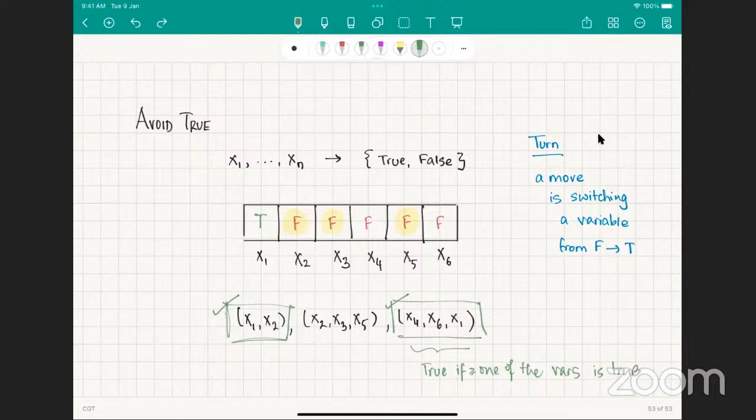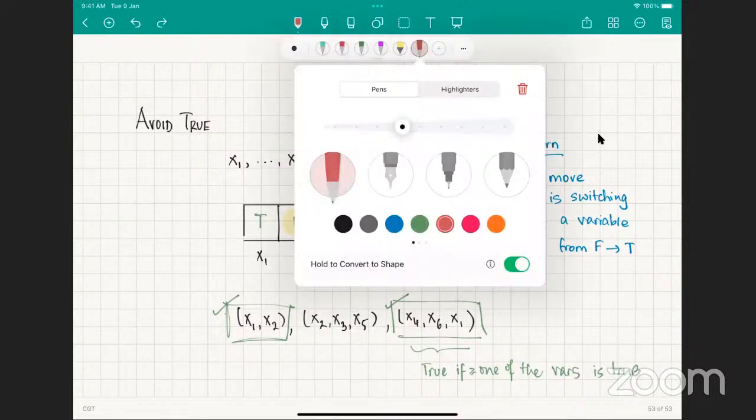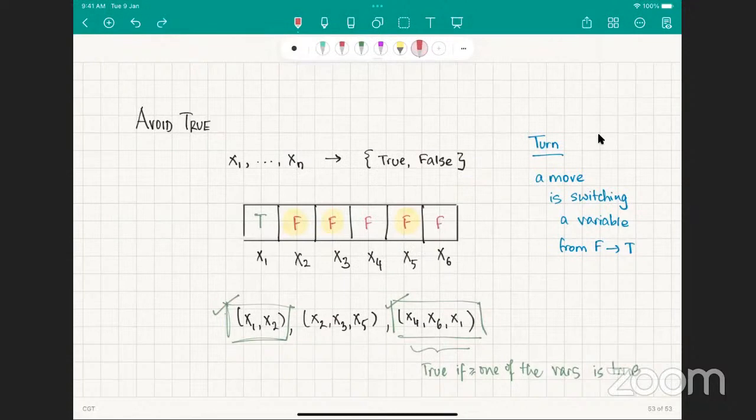So in some sense, I think that's how we've been normally playing, but I just realized that we also have this rule. A variable cannot be flipped if the flip causes the whole formula to become true. So that's actually not a valid last move.